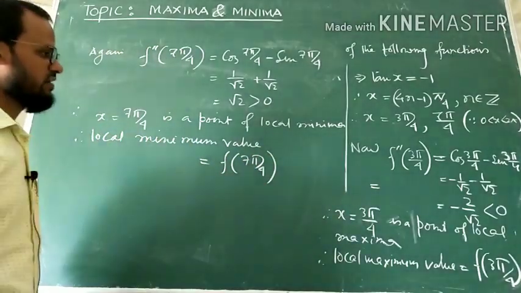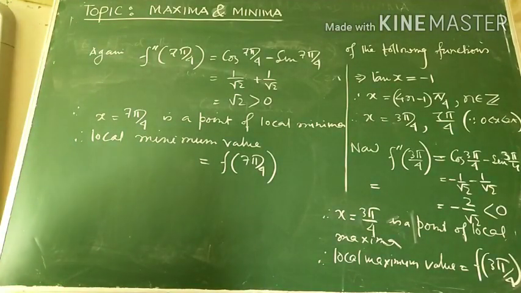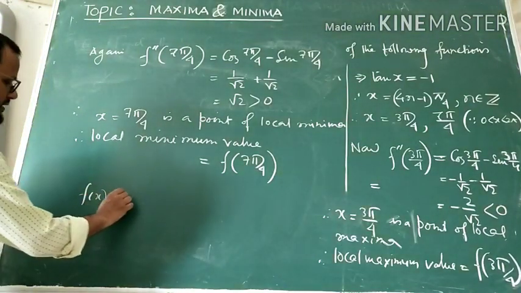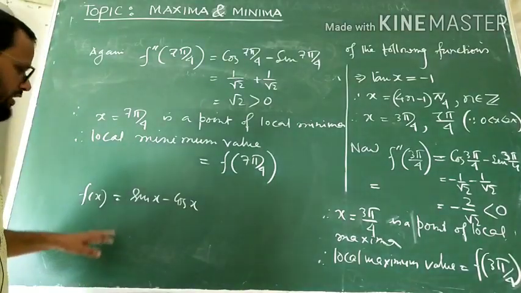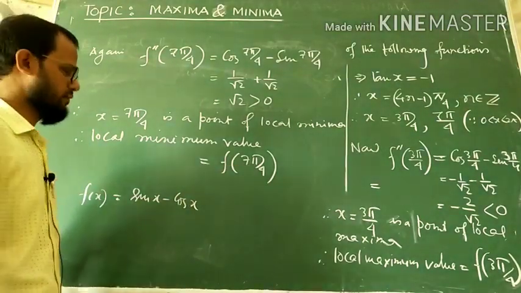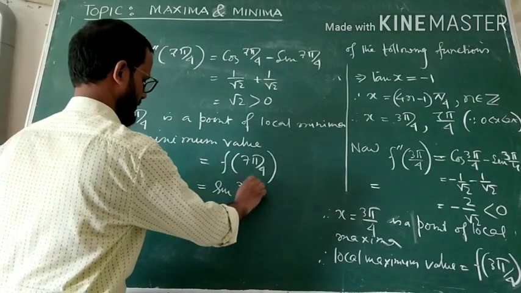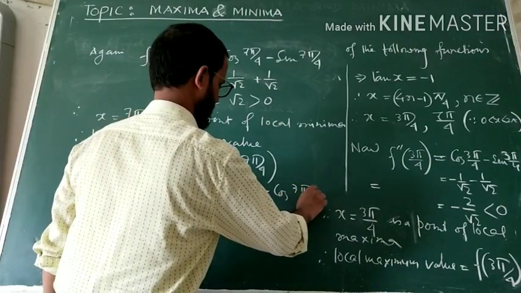Go to the original function. What is your original function? Sin x minus cos x. If you put x equals 7 pi by 4, then it will be sin 7 pi by 4 minus cos 7 pi by 4.